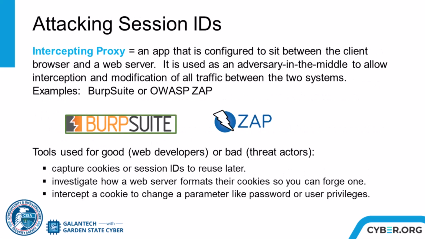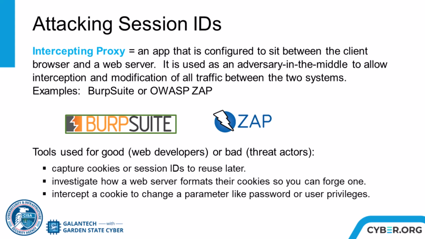A proxy is a common method of attacking session management like cookies. An intercepting proxy is an application that is configured to sit between the client browser and a web server. The proxy application is set up so that it intercepts all browser activity before it is encapsulated and sent out on the internet.